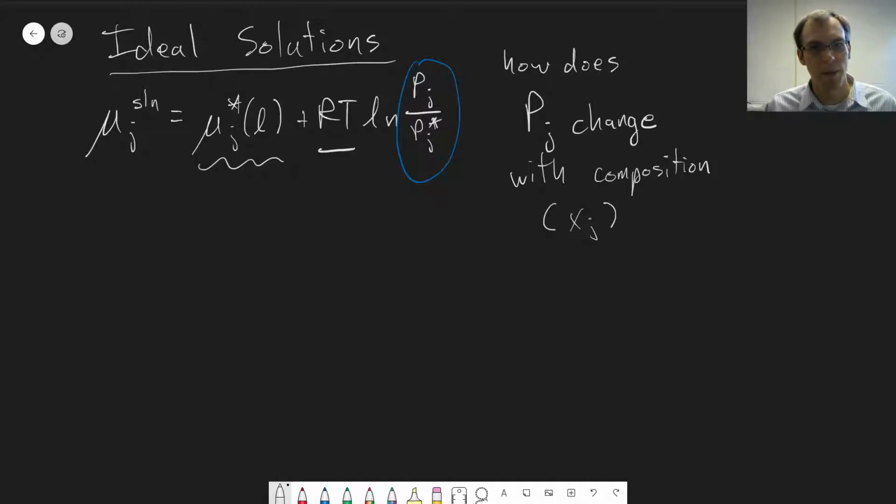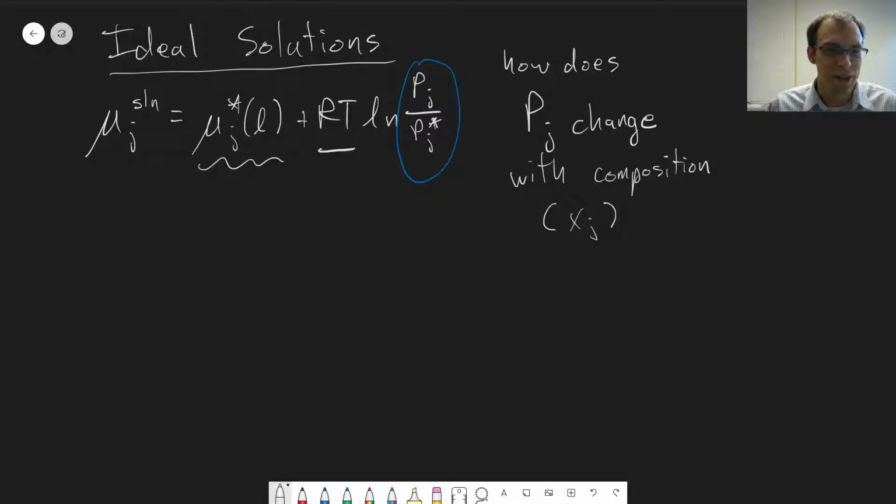But let me first talk about conceptually what an ideal solution is, and then why we get the particular expression we do. Now, I will say up front, unlike ideal gases, which describe most gases at room temperature and atmospheric pressure, ideal solutions are not the norm. Most things behave non-ideally in terms of liquid-liquid solutions.